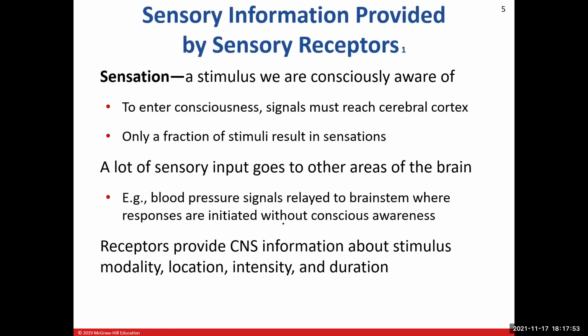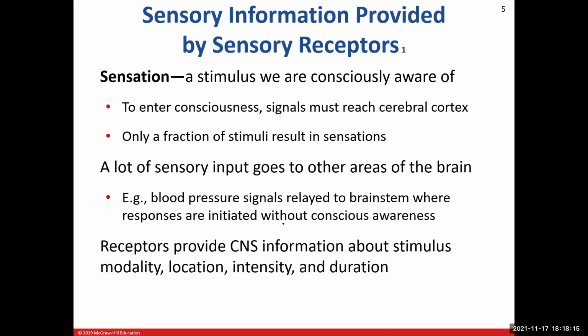And the way for us to be consciously aware of a stimulus is when that nerve signal travels all the way to the cerebral cortex. Before it gets to the cerebral cortex, it has to go to the thalamus. Now, not all sensory pathways lead to the thalamus.